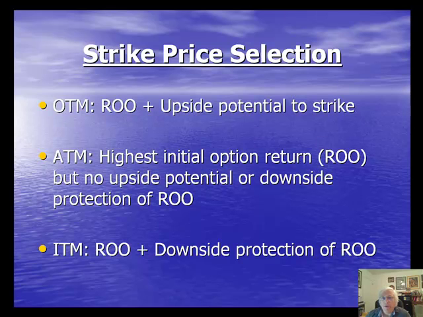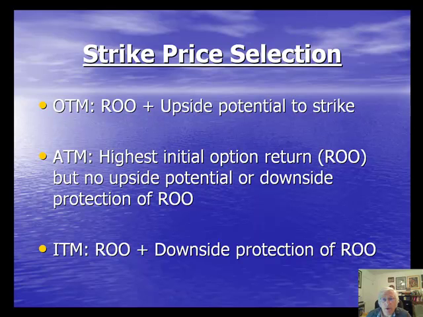So if we received $1 of time value profit and the stock goes from 28 to 30, now we've made a total of $3 profit. And that relates to the out-of-the-money strike. The at-the-money strike, we buy a stock for 30 and sell the 30 call, gives us our highest initial option profit, but gives us no upside potential and no downside protection of that initial profit.